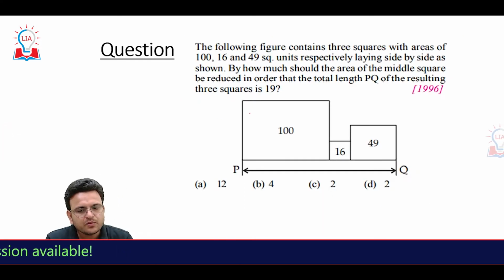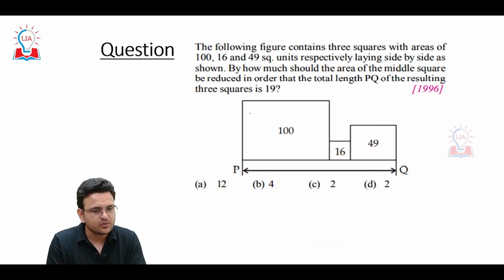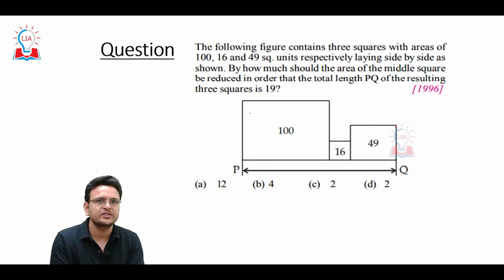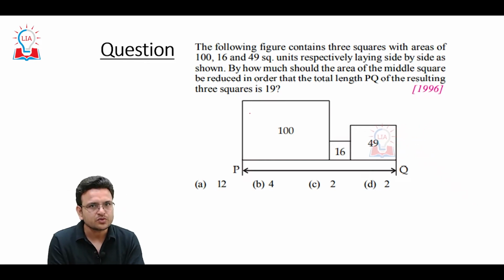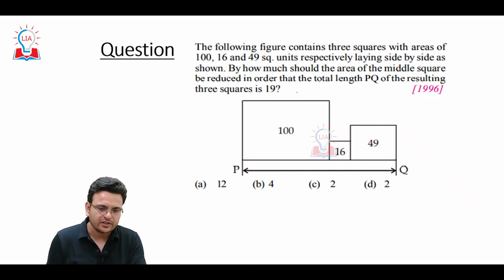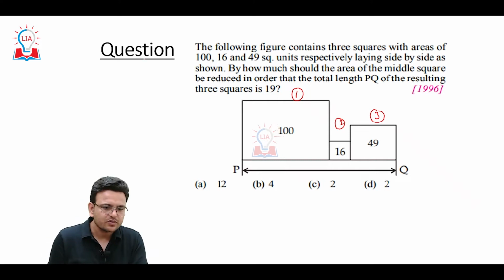Now come to the question which UPSC has asked on the topic of the square. You see the figure and this particular question. I suggest you pause the video. First you have to solve this question yourself, then see the solution. In this question there are 3 squares: square number 1, square number 2, square number 3. We know that the area of a square is A square.